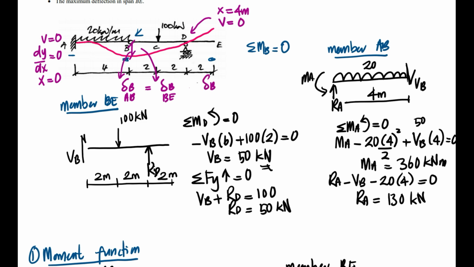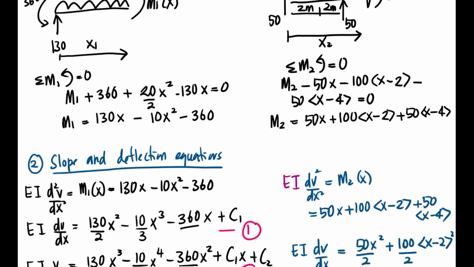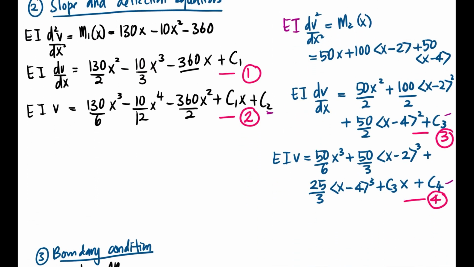Deflection at B for member AB, when x equals 4, equals deflection at B for member BE when x equals 0. So now we have one more equation for the boundary condition. We can apply this boundary condition to equation number 2 and equation number 4.